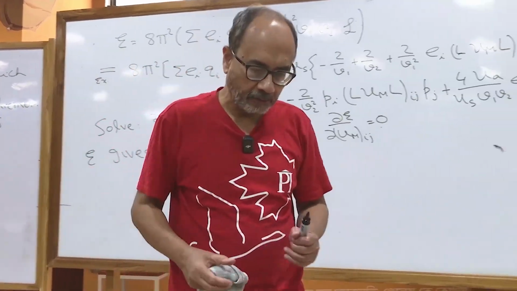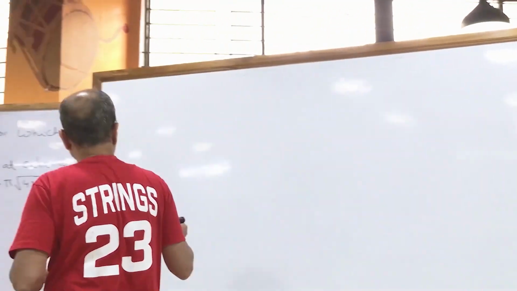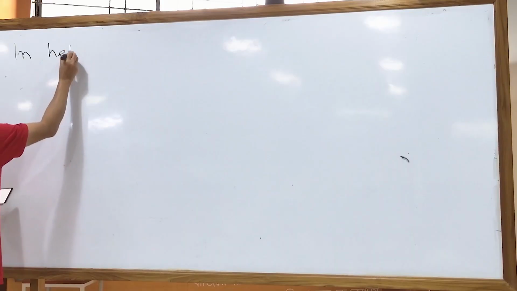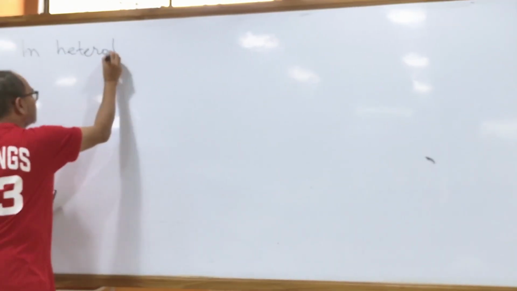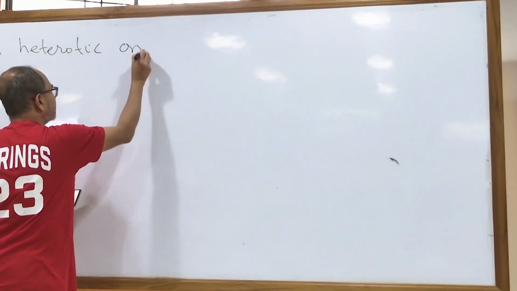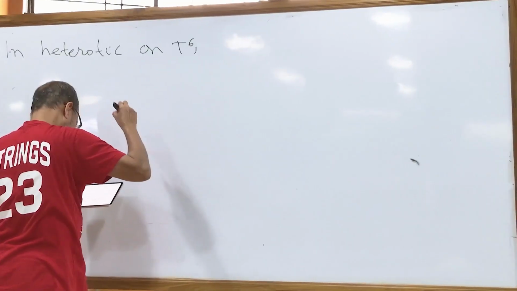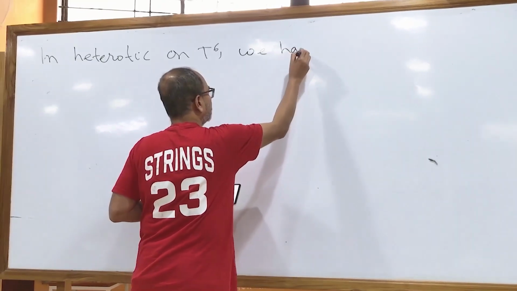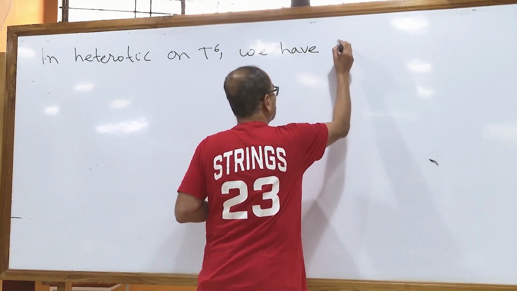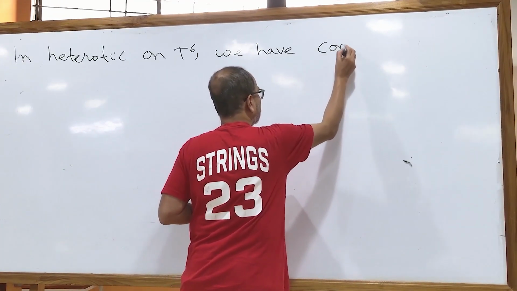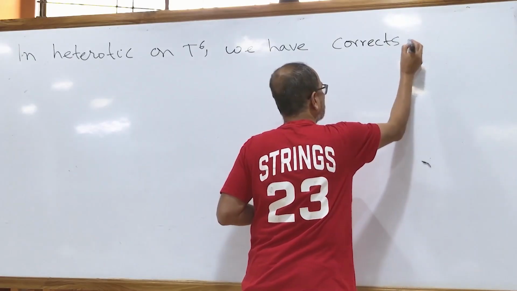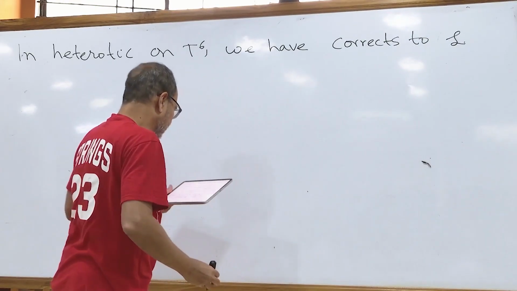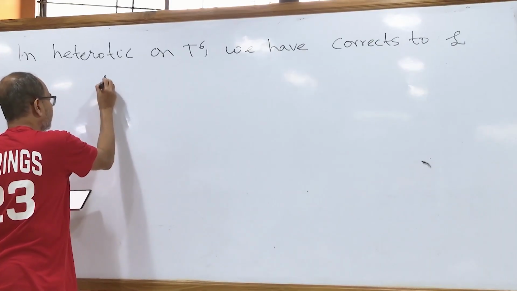So I'll give an example now. In heterotic string theory on T6, we have alpha prime corrections to L, and the first correction has the following form.